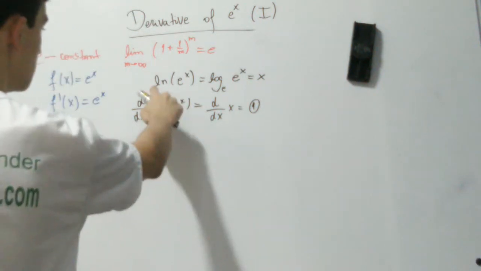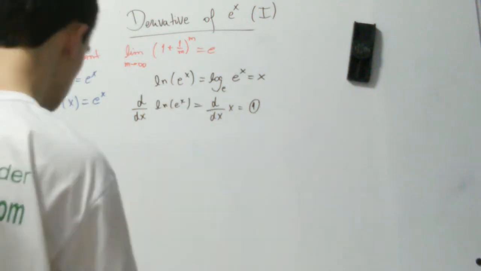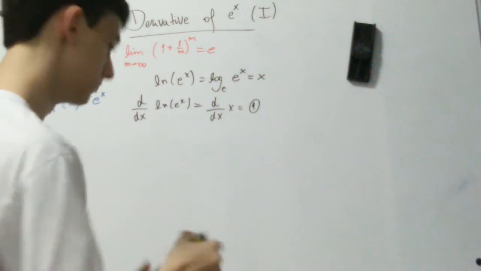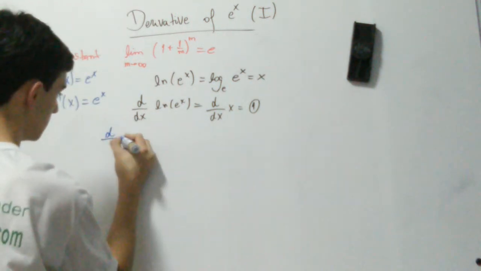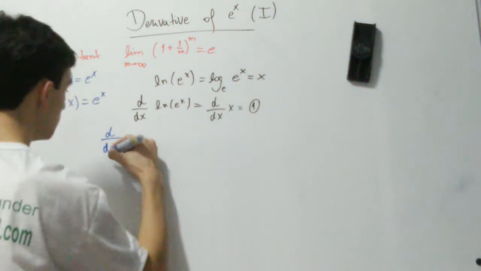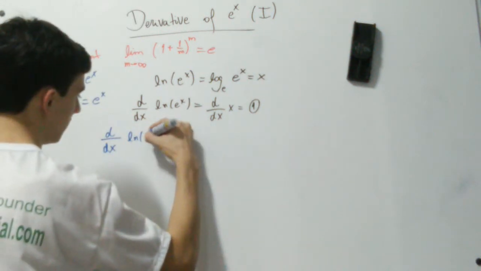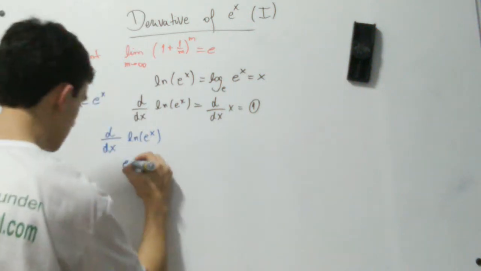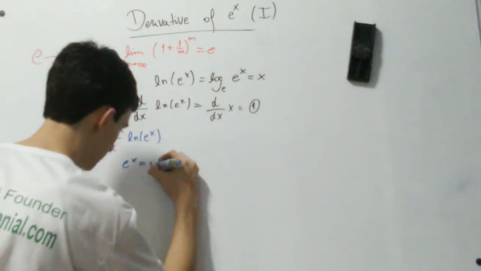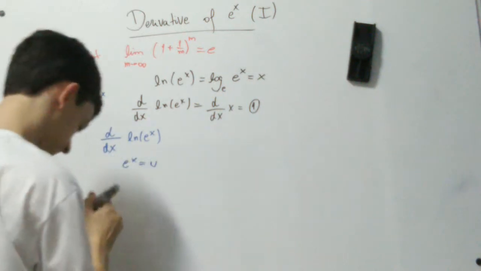Now let's take the derivative of this function in another way, using the chain rule. So we have the derivative, let me write it again, with respect to x of natural log of e to the x. And imagine here e to the x as being a function, let's call it u.